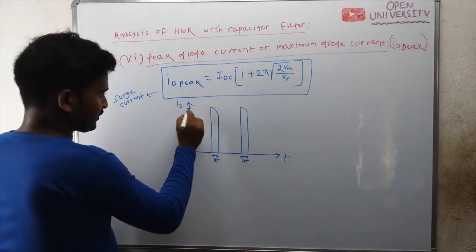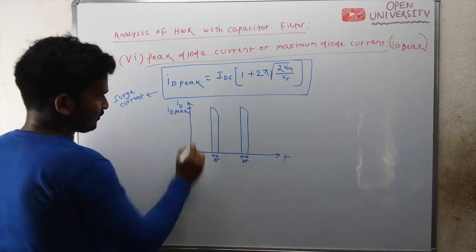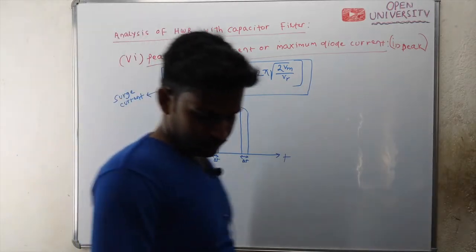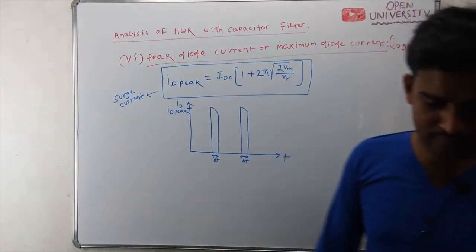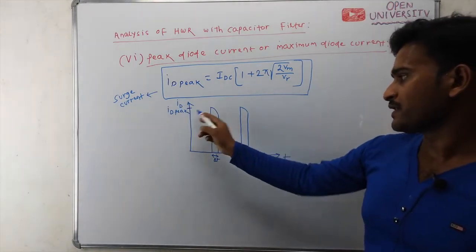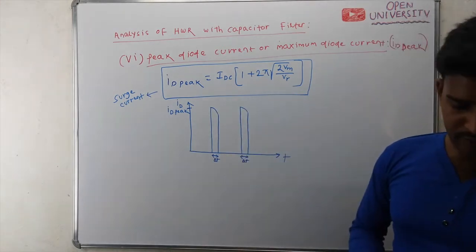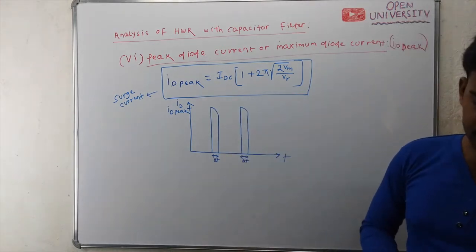This current is your ID peak. What is ID? ID is the diode current. And what is ID peak? Maximum diode current.